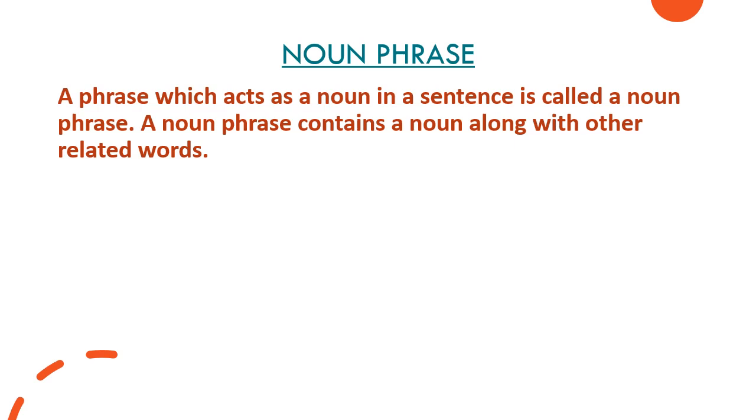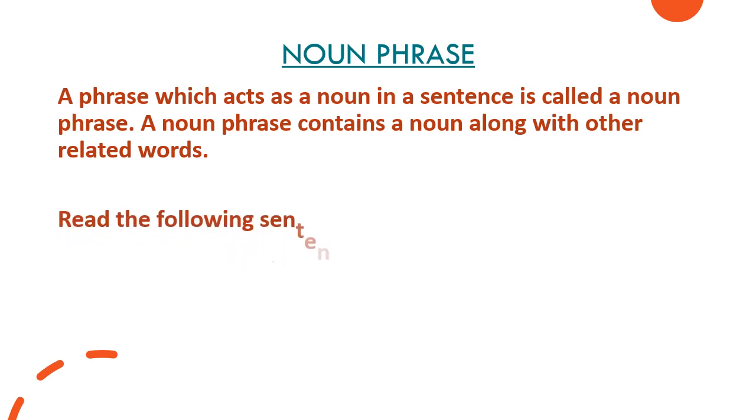A phrase which acts as a noun. Noun is name of person, place, animal or thing. Remember that noun is a name of anything. Name, person, place. In a sentence is called a noun phrase. A noun phrase contains a noun. So the group of words which has a noun along with other related words is a noun phrase, right?